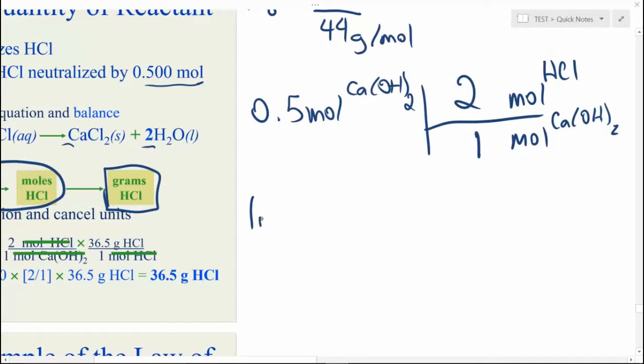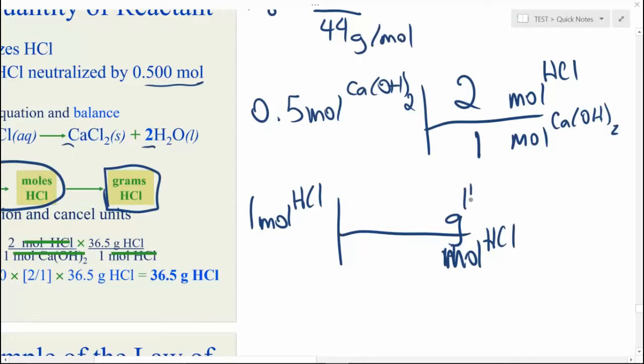Now, how much is that in grams? Well, I simply do the mole to gram conversion. Grams of HCl. So we have, for every 1 mole of HCl, H equals 1 and chlorine equals 35.5 grams.